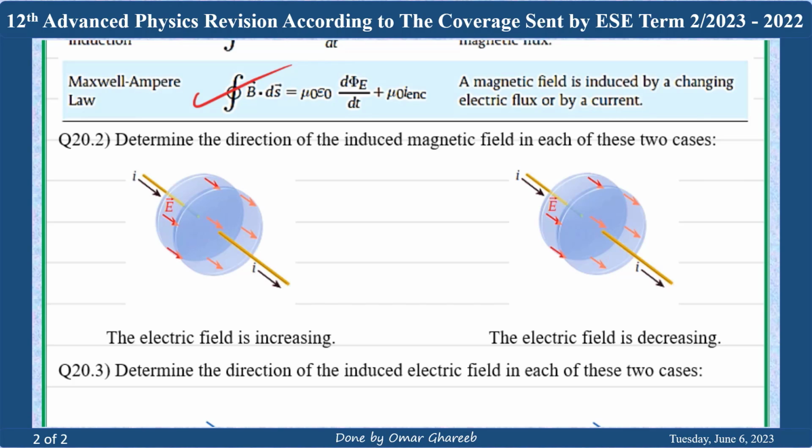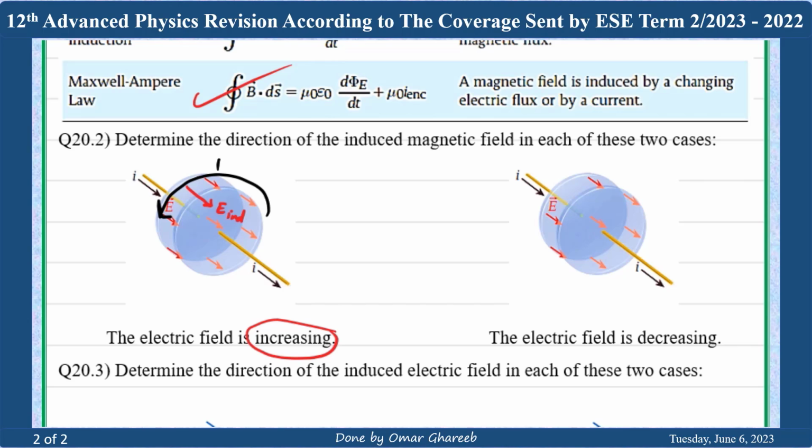Now, for the first one, I have an increasing electric field. Because we have an increasing electric field, you must induce an electric field in the same direction. Now, put your thumb in this direction. Your fingers will curl in this direction.